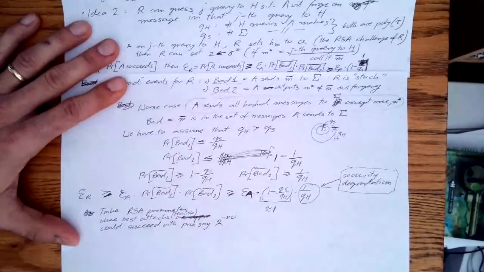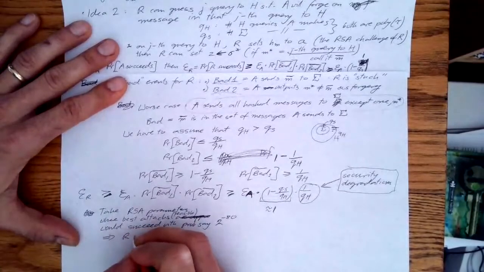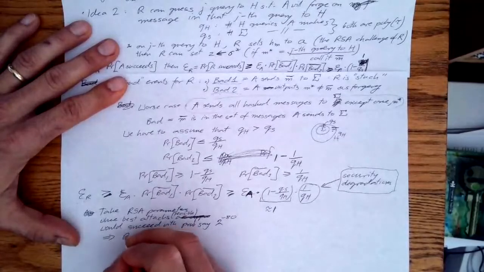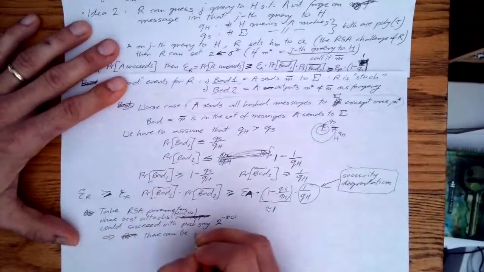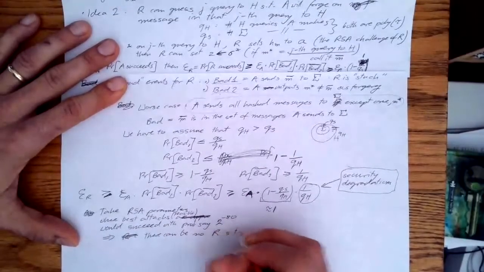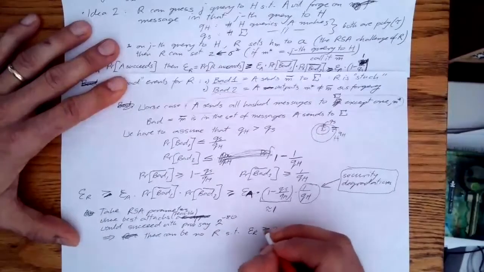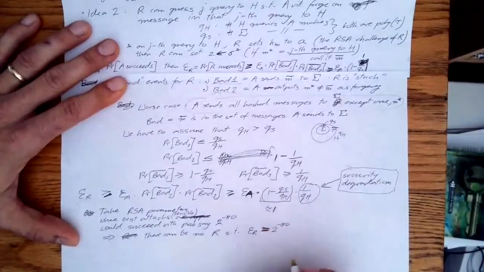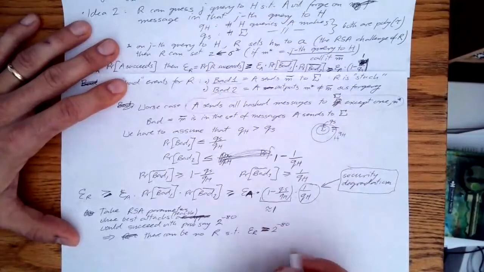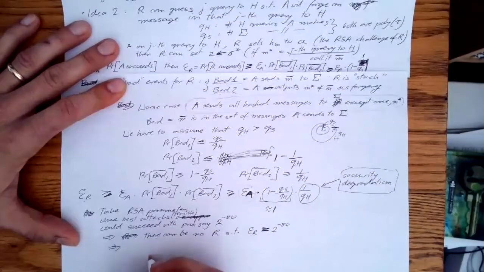Then that means that there can be no attack against RSA that reaches the 2 to the minus 80 point. And what does this imply against the security of a signature scheme?